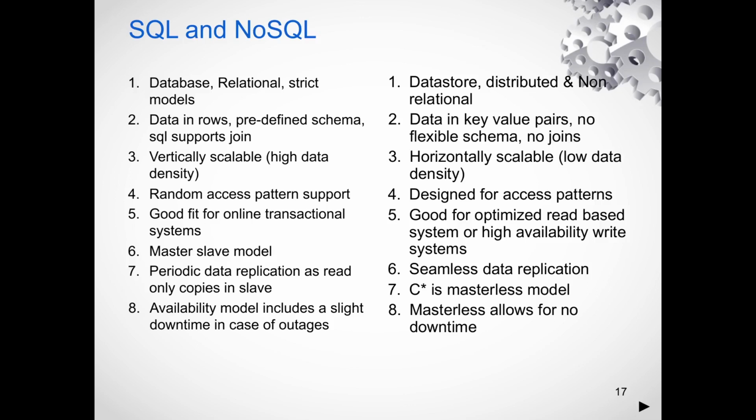If one of the nodes goes down, because it is masterless, do you not have the remaining 9 nodes to interact with? Yes, there is no downtime. But the application which is talking to the node that just went down, can that particular operation have a little bit of jittery time? Yes. We will also see what techniques and tools Cassandra offers to get around that problem.